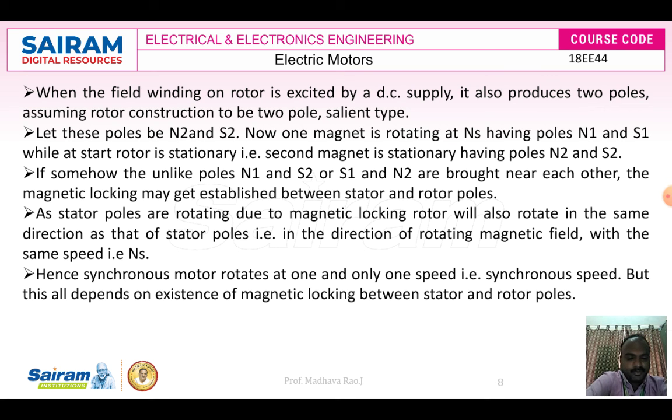If you keep the unlike poles N1, S2 and S1, N2 near each other, the magnetic locking principle will be established between N1, S2 and S1, N2. This magnetic locking property develops between unlike poles.